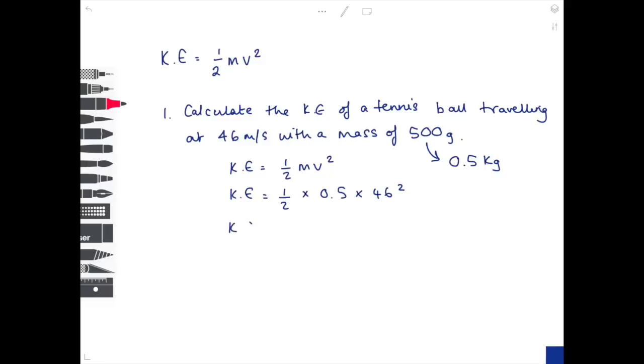So start to simplify. So half of 0.5 is obviously 0.25. 46 times 46, or 46 squared, is 2116. Times that by 0.25, and that gives us a value which is 529. It's an energy value, so it's in joules.